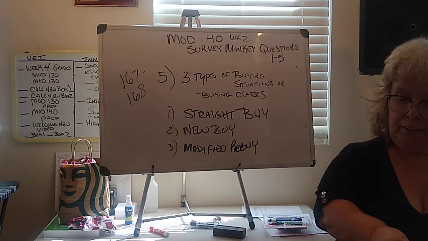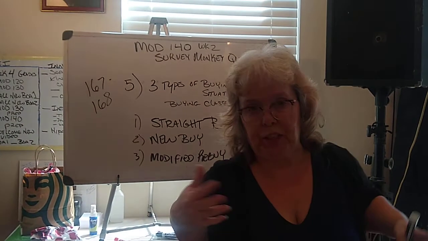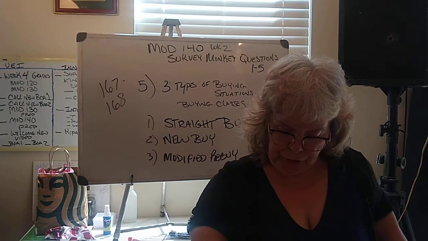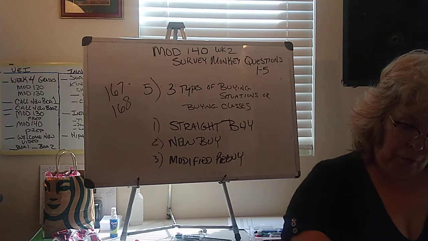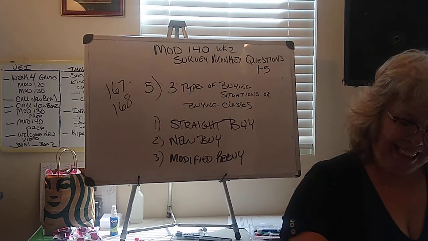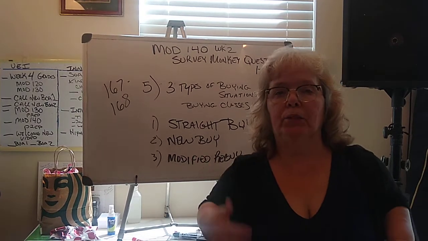So really quick, the new buy: here the organization is the first time buyer of a product or service. Straight buy: here the buyer or purchasing manager reorders an existing product or service from a list of acceptable suppliers. In other words, it's something they're continually buying.